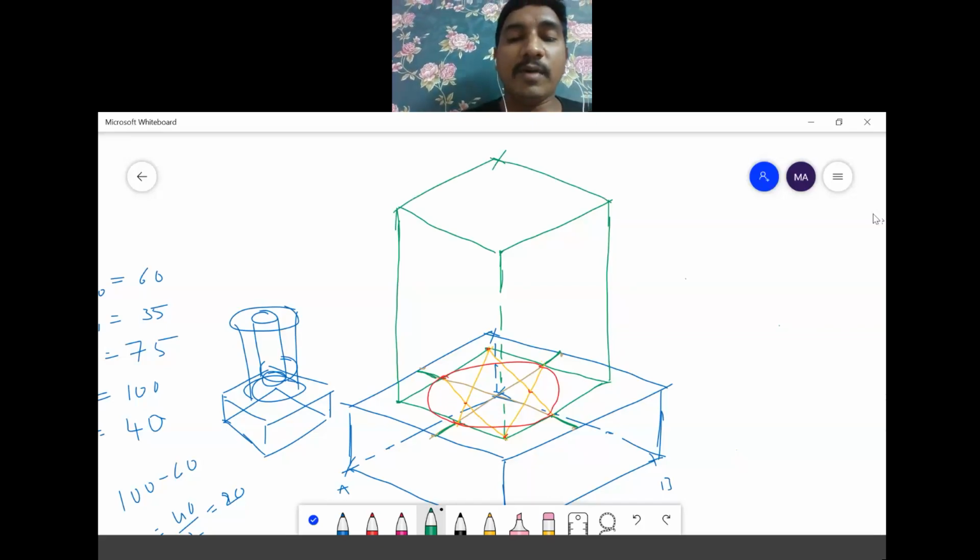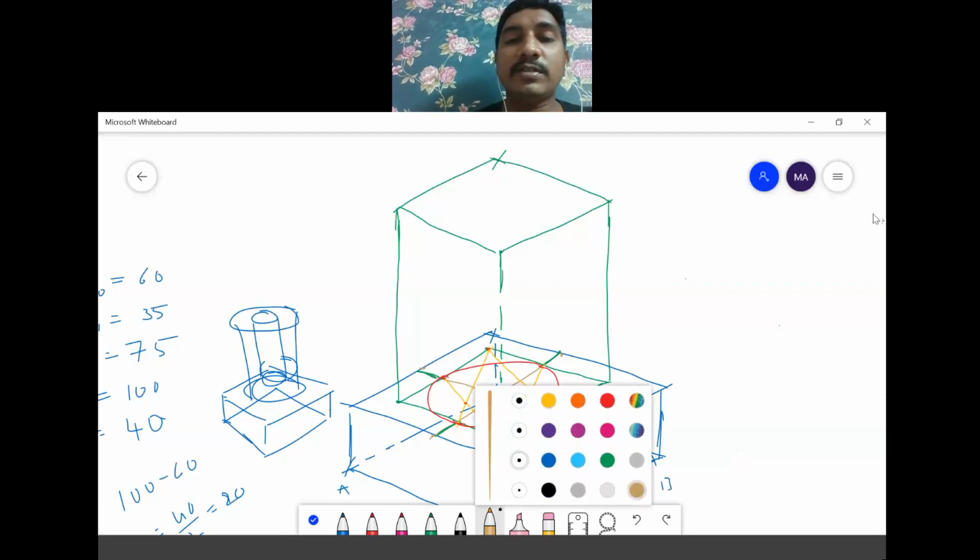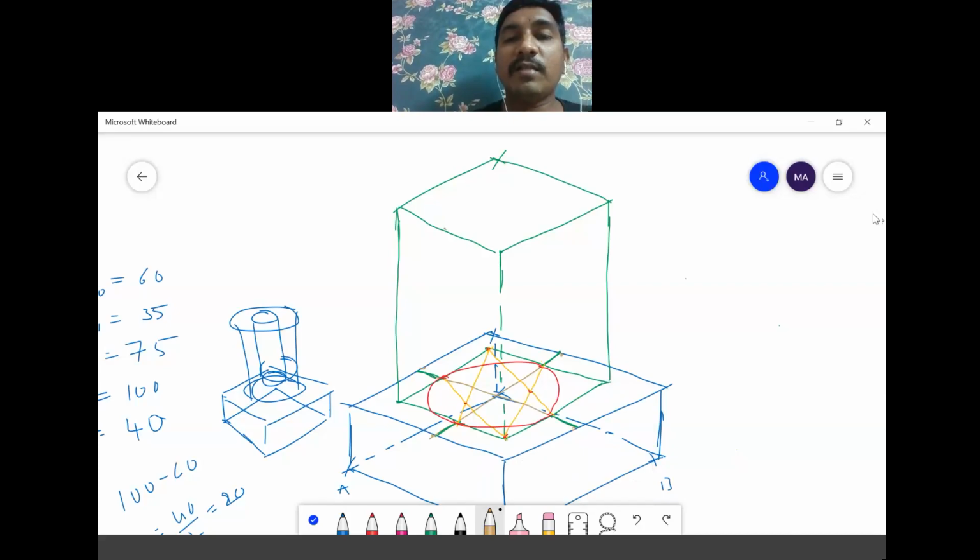Then again I am marking the midpoints. I am drawing the circle using the 4 center method.